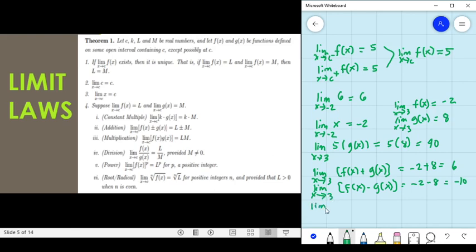And the limit of f(x) times g(x) as x approaches 3 is equal to the product of the limits, that is, negative 2 times 8, which is negative 16.